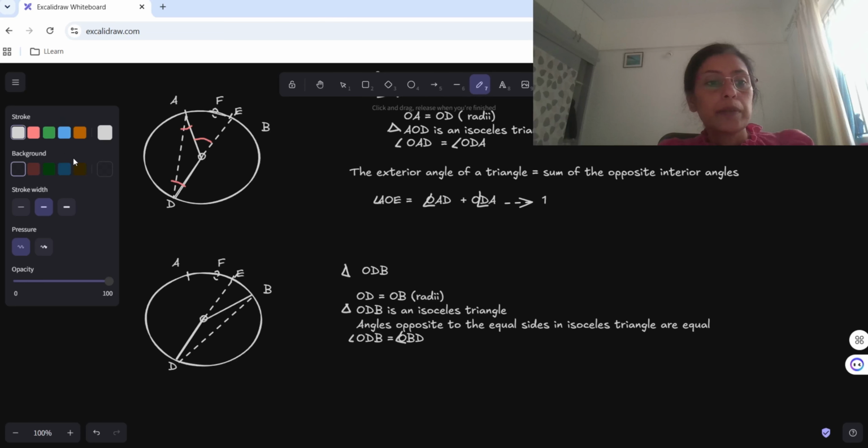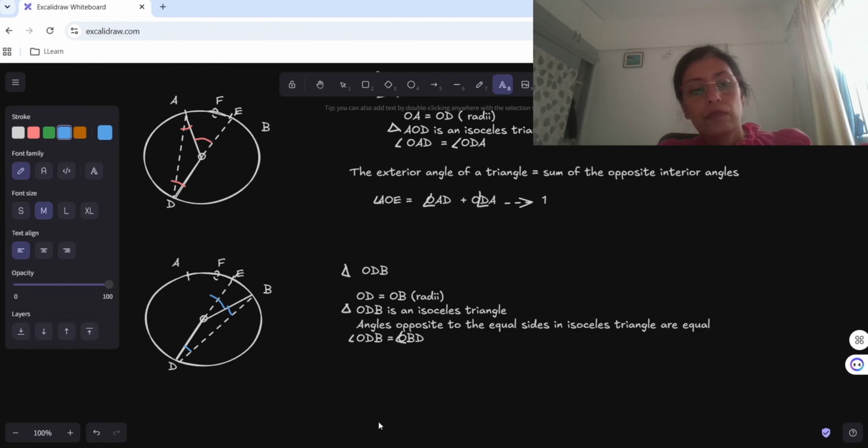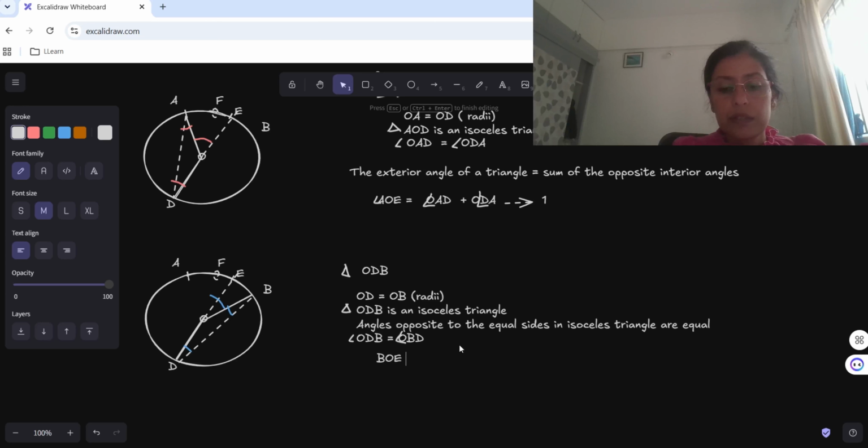So this angle is equal to this angle, right? Now what we see here about this angle, angle EOB or BOE. So BOE is the exterior angle of the triangle.